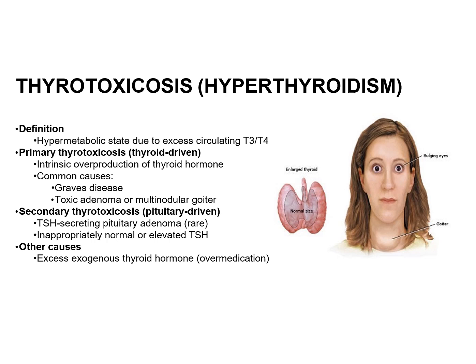In this case, TSH levels are inappropriately normal or elevated despite high T3 and T4. Another important cause to remember is excess exogenous thyroid hormone, often due to overmedication. Identifying the cause of thyroid toxicosis is critical because treatment strategies differ significantly.